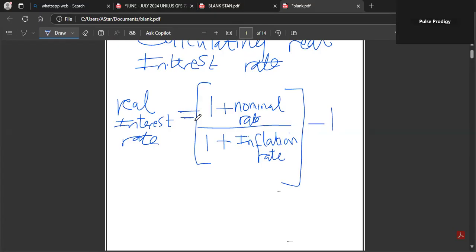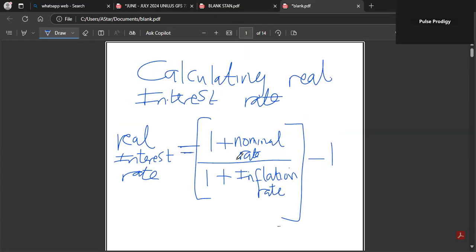Okay. So we can take down this formula so that as we look at the equation, we are at par. So we need to calculate together. So this is finding the real interest rate.